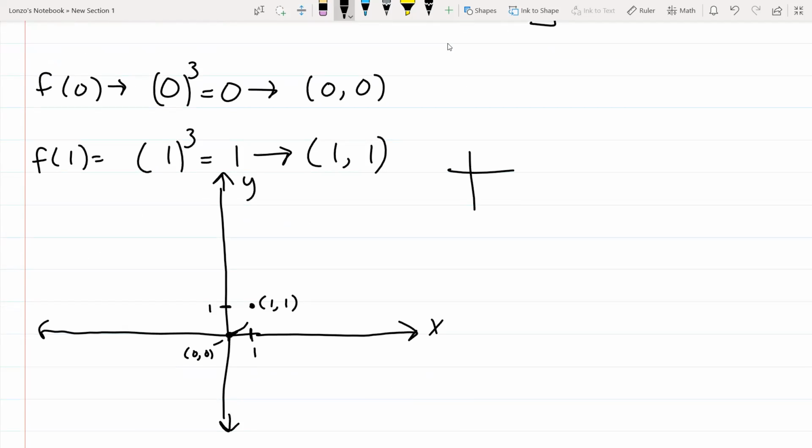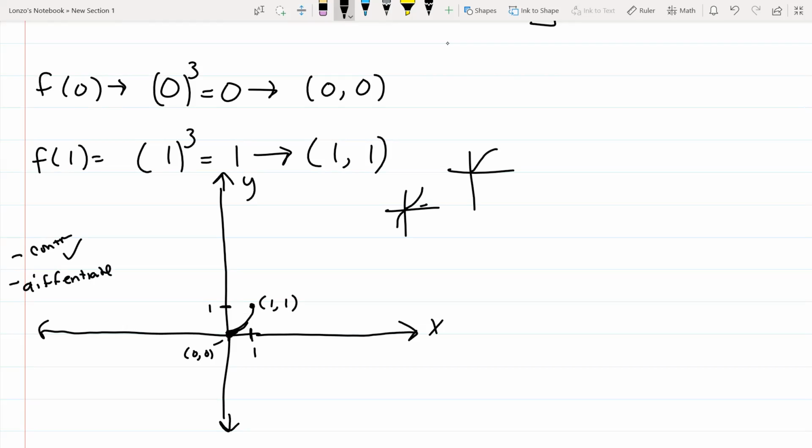What is an x cubed graph? It looks like that, right? So this part right here is going to have a little curve, just like this part. Is it continuous from a to b? Yes, it is continuous. Is it differentiable? Yes, there are no sharp turns, no cusps, no vertical tangent lines, so it is differentiable. So we can apply the mean value theorem.